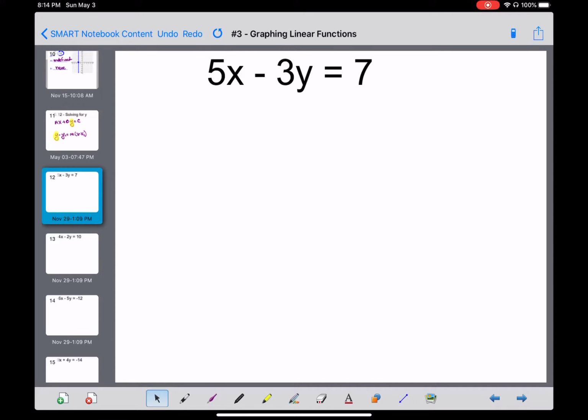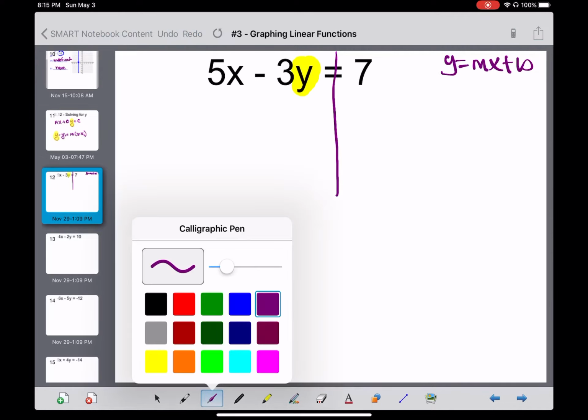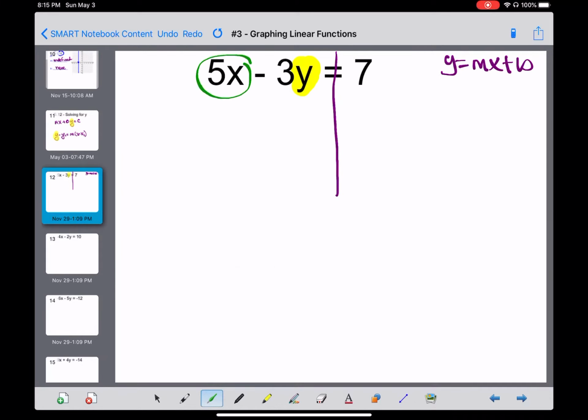Now, like I said before, the y is the only thing that should be on the left side of my equal sign, because remember, it needs to look like y equals mx plus b. So the first thing that I'm going to start with is my x value. The whole point is that I need to bring this 5x over to the right side.